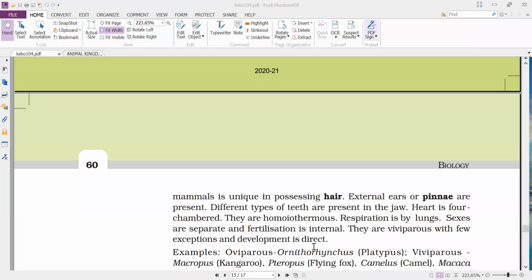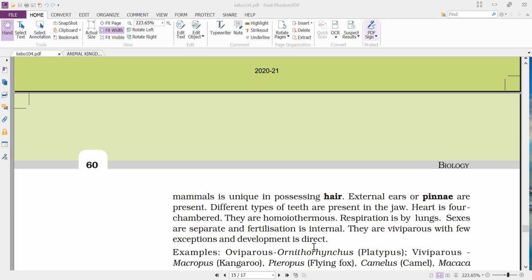There are some mammals which lay eggs. That's why a few exceptions. If they lay eggs, they are described as oviparous, but they feed their young ones with milk with the help of mammary glands. That's why they were included under mammalia.